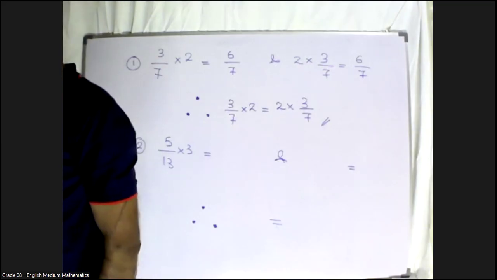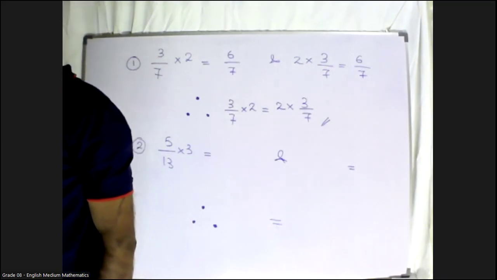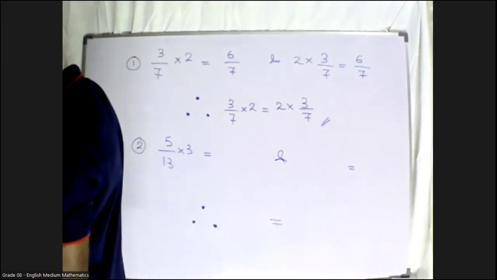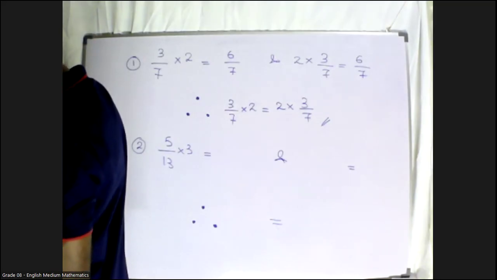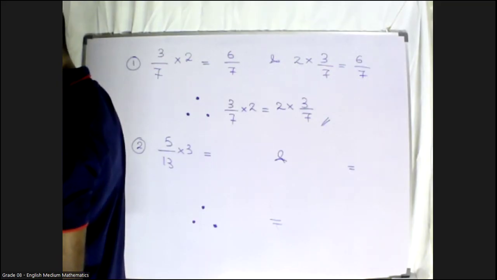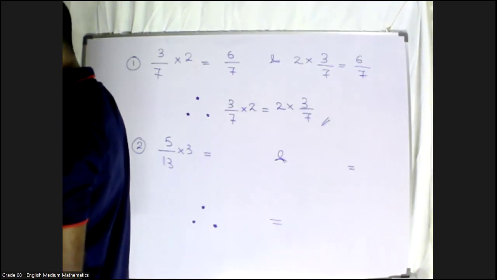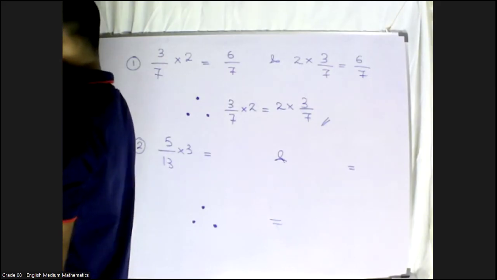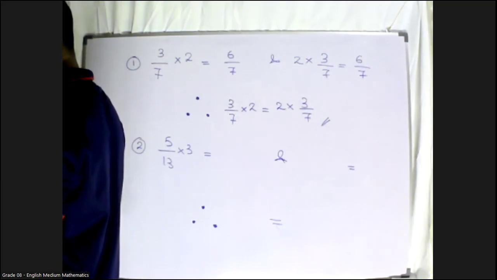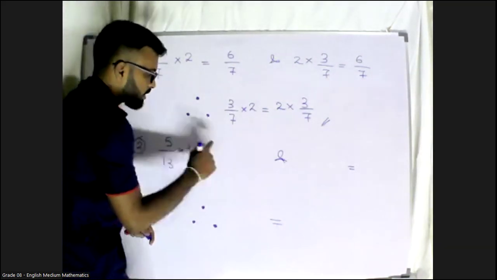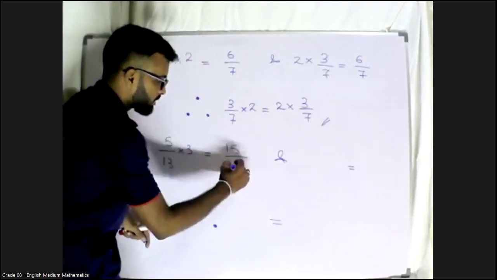Okay, we're already done. The other is still doing. Finish, sir. So how do we do this? Numerator 5 times 3, 15. Denominator 30.